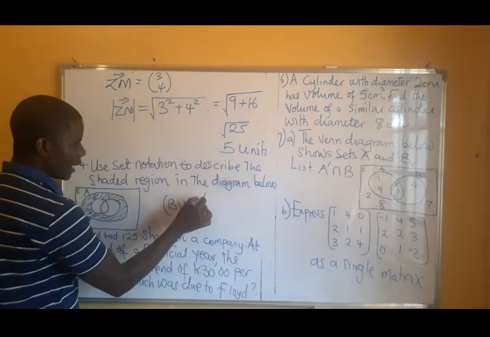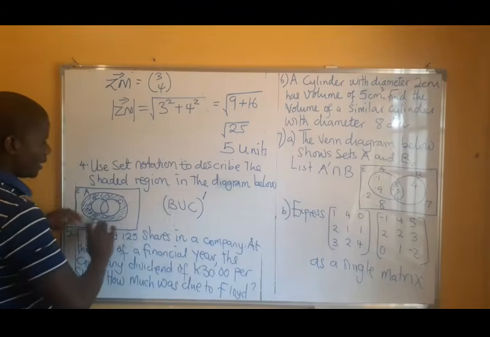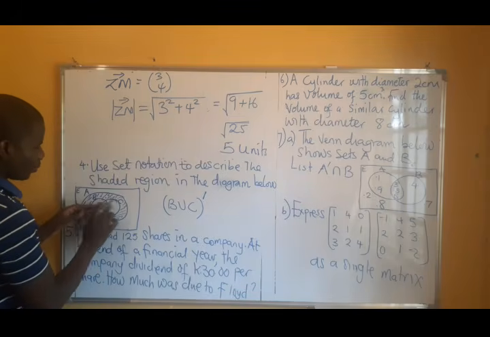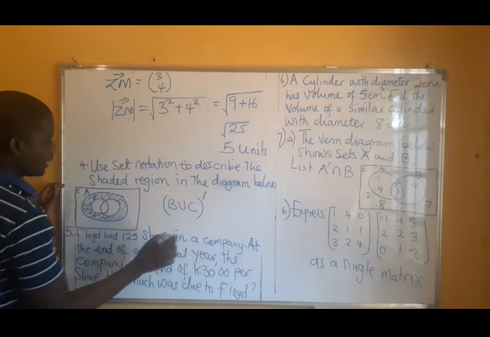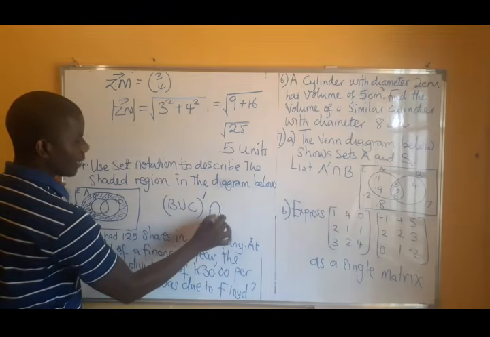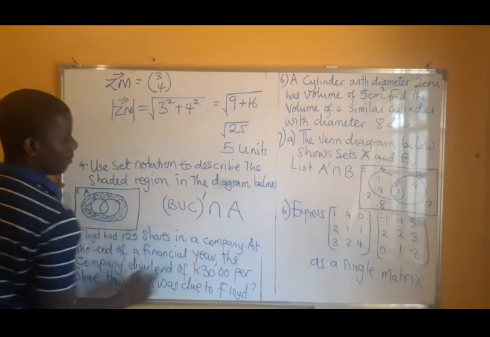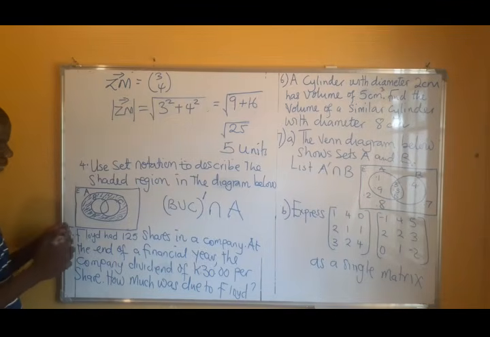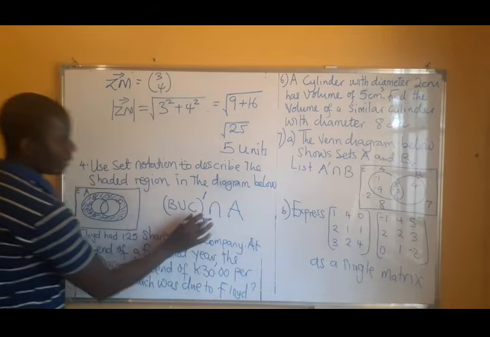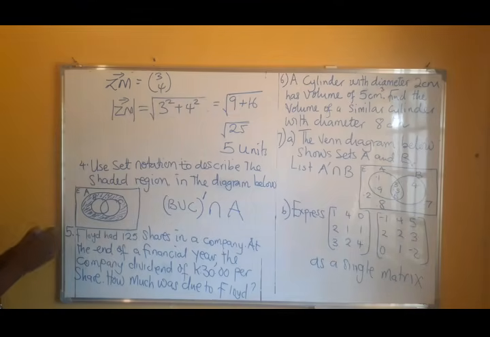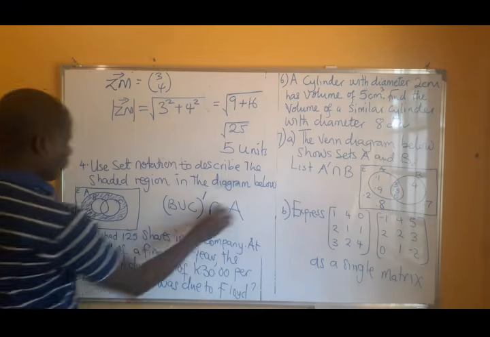So we are looking at their complement, which is the region that is outside these two sets. It's not shaded. Then intersection A. This is what is going to be our answer here. When we write the shaded region in set notation, this is what we are getting. So we can move on to question 5.